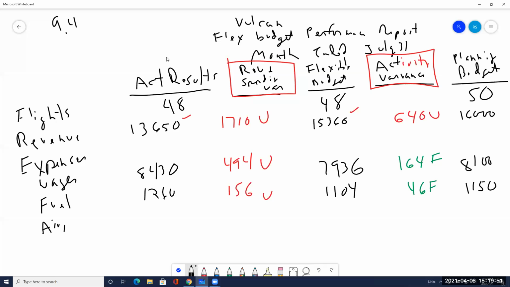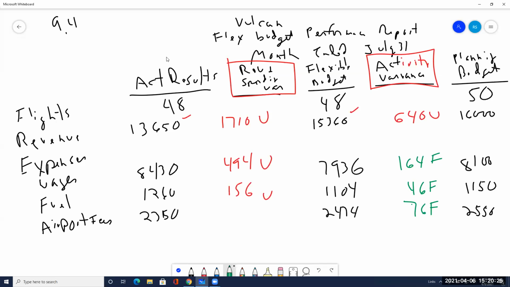Airport fees are $23.50, $24.74, and $25.50. So this one here is 76 bucks favorable.